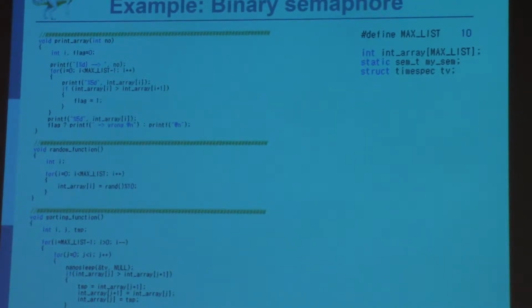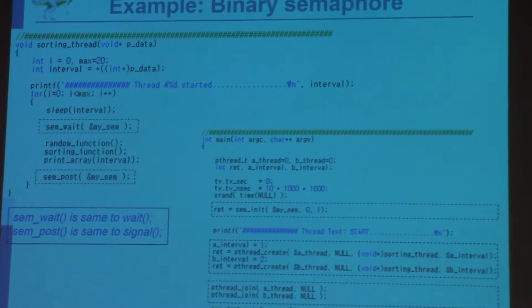For example, here, this is thread programming. There is a semaphore wait, which is the wait operation. Once you define the semaphore, like sem_init, it's a mutex lock, 0 or 1.